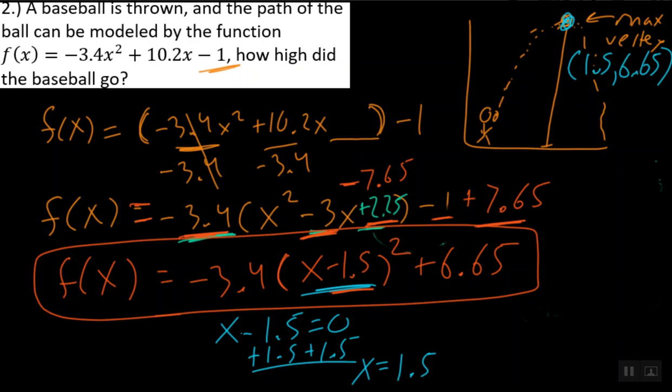And so if I were to tell you that, hey, he's shooting for the rim, he's shooting for the hoop, he's trying to make a basket. Oh wait, this is a baseball. Okay, if I were to say, hey, is he throwing the baseball really high? You would say, not really. 6.65 feet is not that high up in the air, because that is in fact how high he's throwing it.